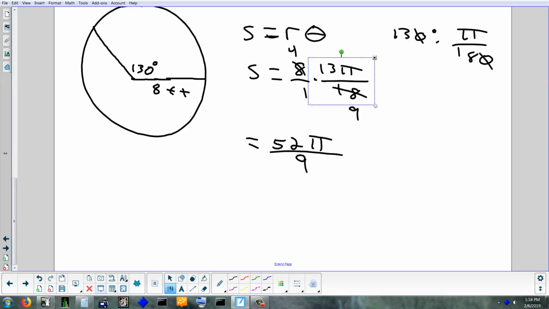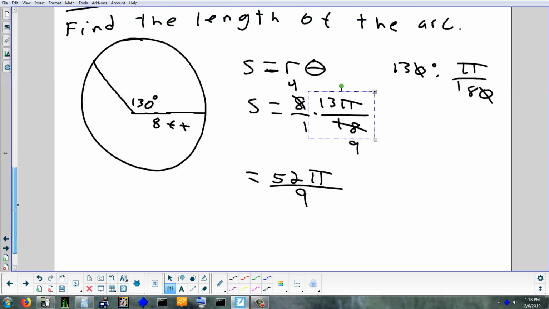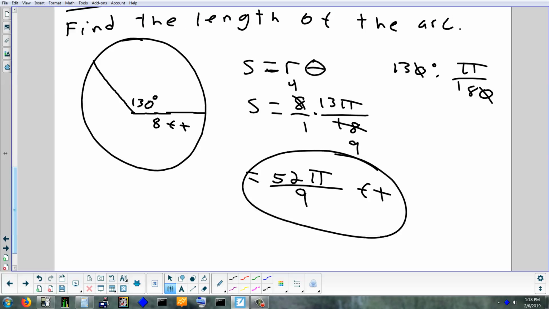So last thing is just to make sure if we need a label, we put a label. What did we just find? 52 pi over 9 is the arc length. So what should we put for a label on this one? Shay? Feet. This one's in feet. Any questions on how you change that to a decimal if they wanted a decimal?